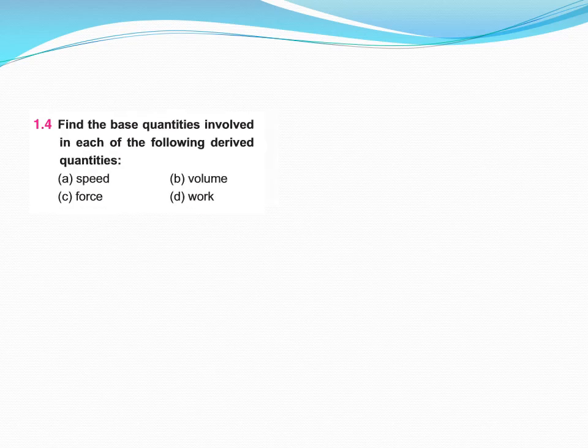In question 1.4, find the base quantities involved in each of the following derived quantities. So in speed, speed is equal to length divided by time. So length and time are the quantities which are involved in speed.